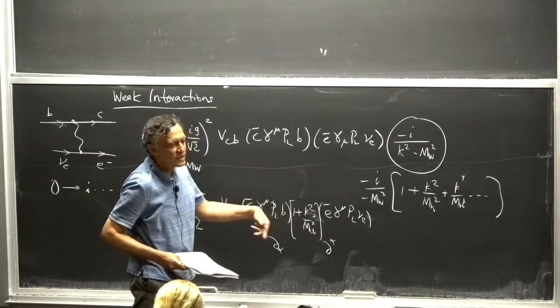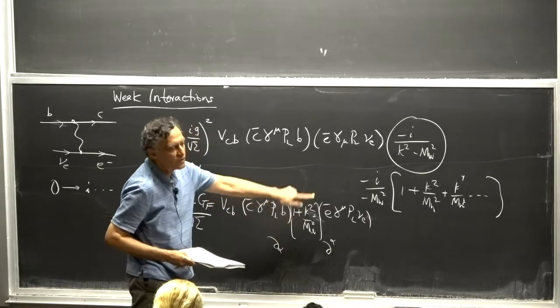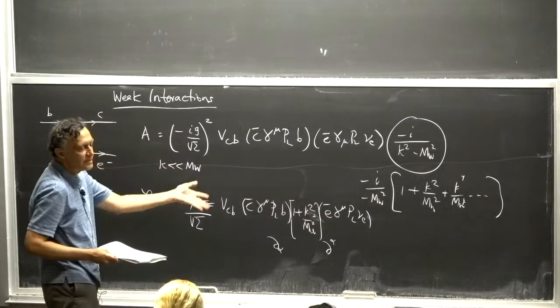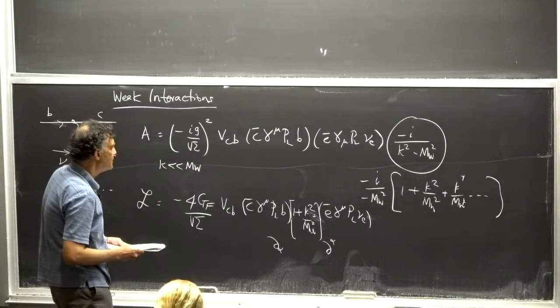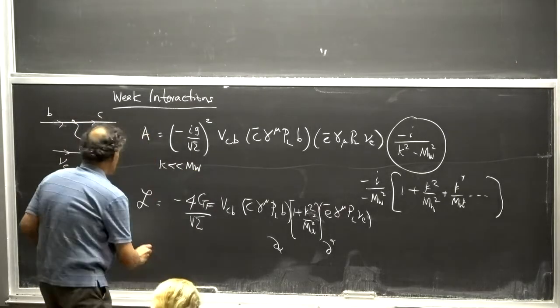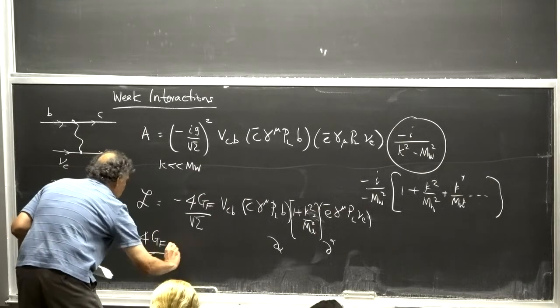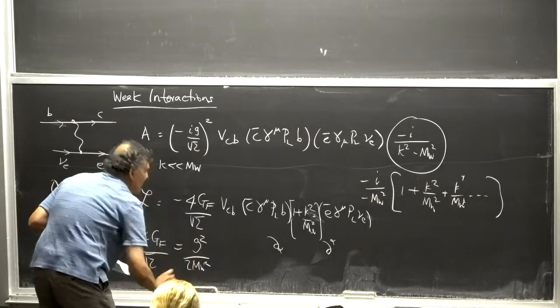And at this level, the coefficients are kind of trivial. It's 1 over m_W squared, 1 over m_W to the fourth, et cetera. But when you start doing radiative corrections, they're not going to be simply related, and the anomalous dimensions will be different, et cetera. From this calculation, you can see that 4 G_Fermi over the square root of 2 is just g squared over 2 m_W squared.